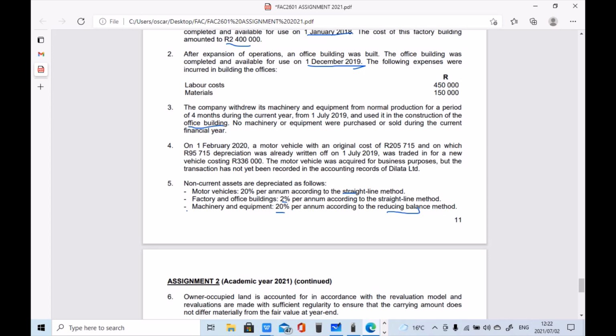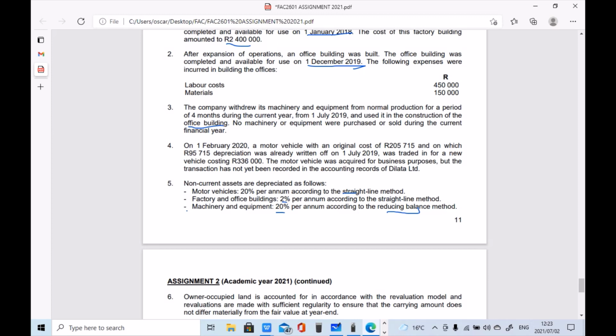So you add it to there. For the 4 months, we calculated and added it to that amount, and then we got our amount. And this office building was only available for use from 1 December 2019. So from 1 December 2019, we're going to calculate depreciation.